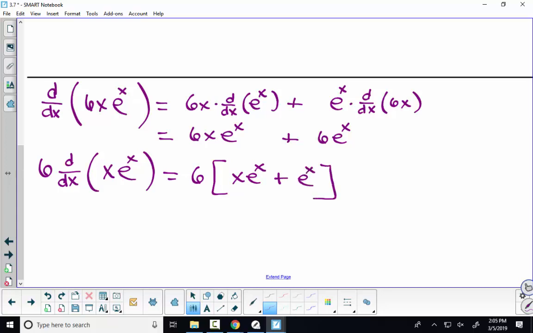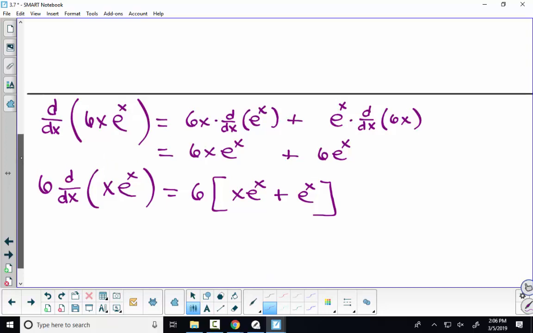You can see they're exactly the same. One's just factored a little bit. So that is the derivative of the inner function here. We're going to take this and put it back in place of our derivatives above.